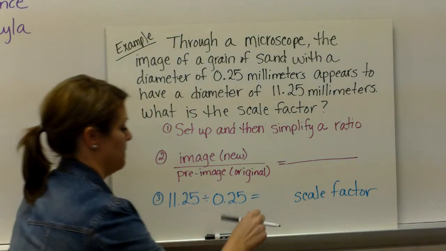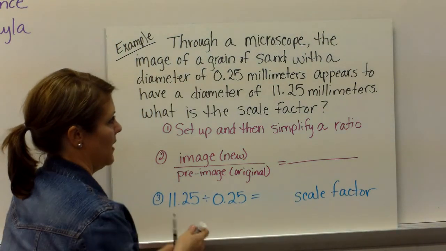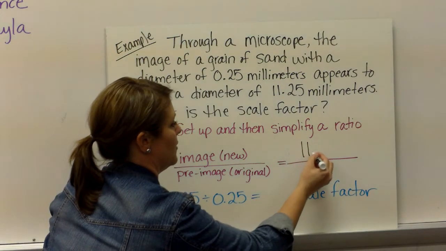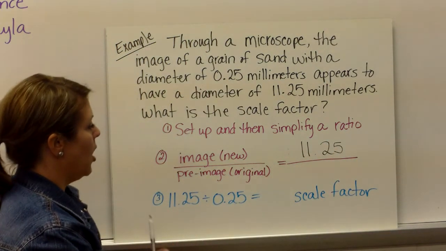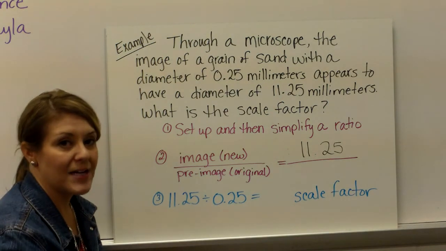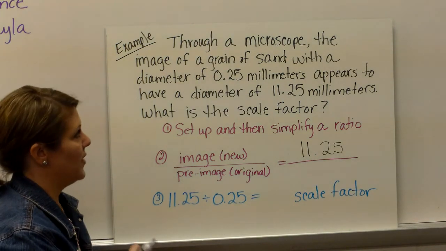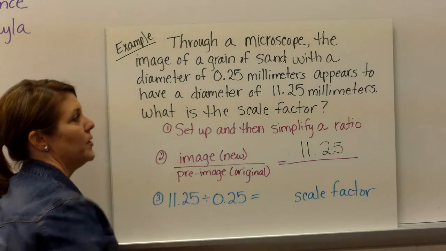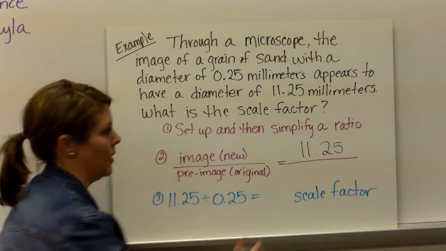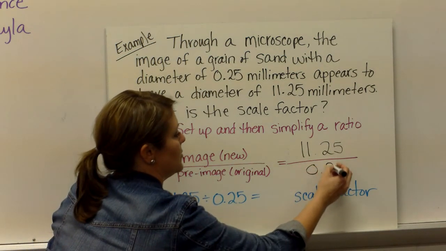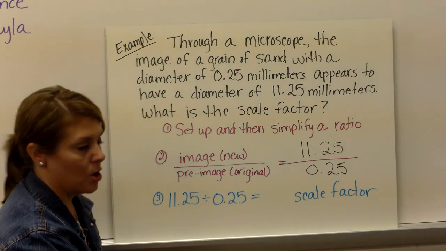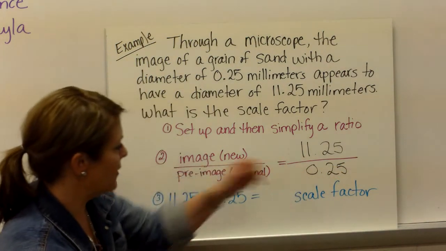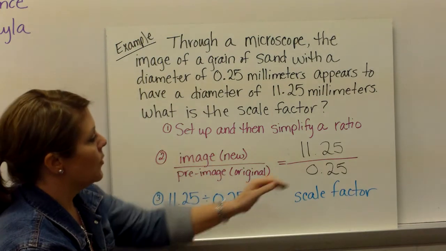So we're going to put 11.25 as our numerator. Our original, or the actual size of that grain of sand, is actually 0.25 millimeters, much, much smaller. So the original diameter we're going to put in our bottom portion of our ratio.